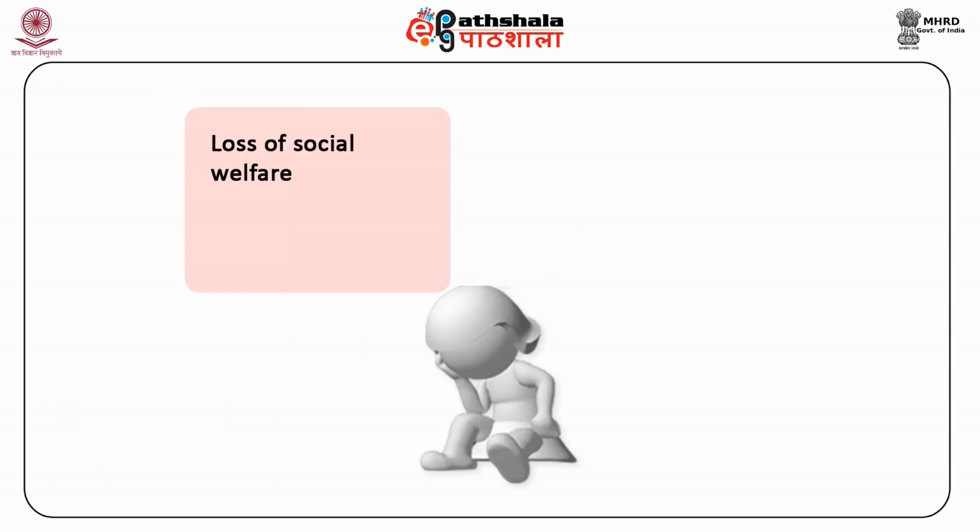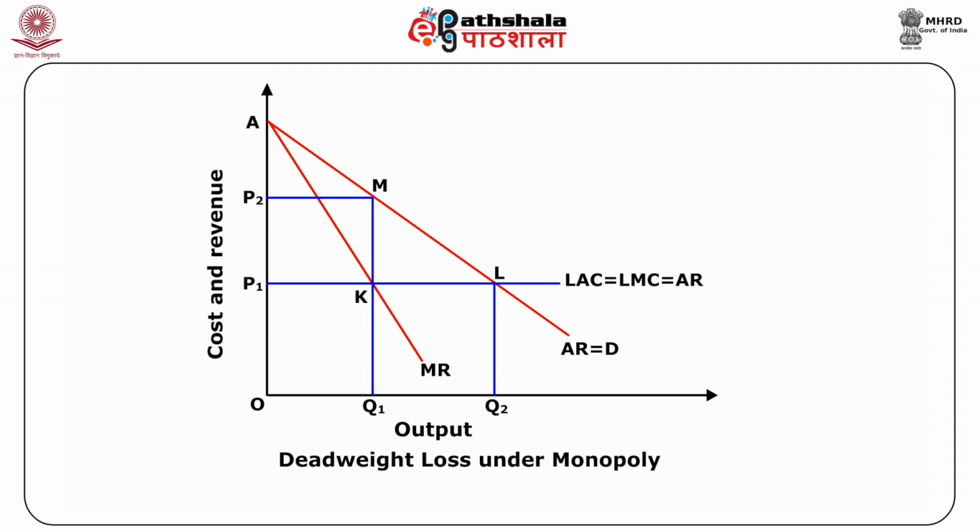We will discuss the loss of social welfare under monopoly. The loss of social welfare is measured in terms of loss of consumer surplus. If an industry is perfectly competitive, the total output available to the society will be OQ2 at price OP1.